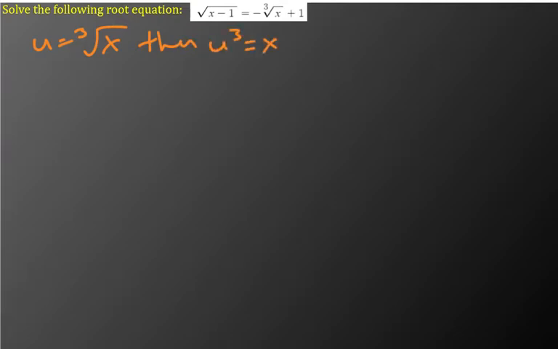And so when you do u sub, you're basically looking for ways to introduce this new variable that would kind of help simplify the problem a little bit, right? And so I just basically can take this cube root out and make it just a u, which is really nice. And then if I do that, I just have to make x become u cubed. So I'm going to write this thing as u cubed minus 1 equals negative u plus 1.